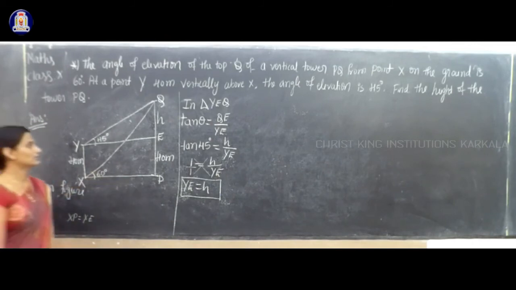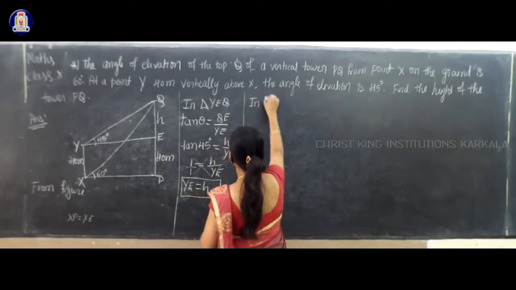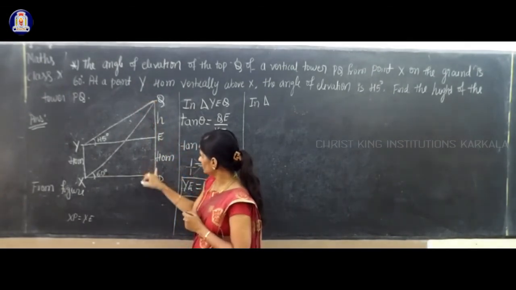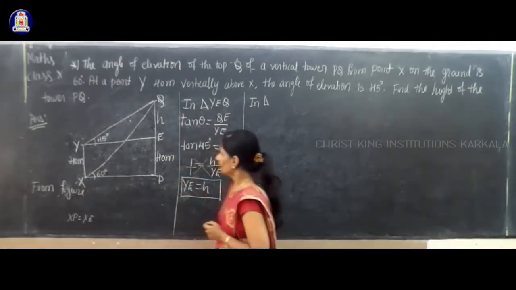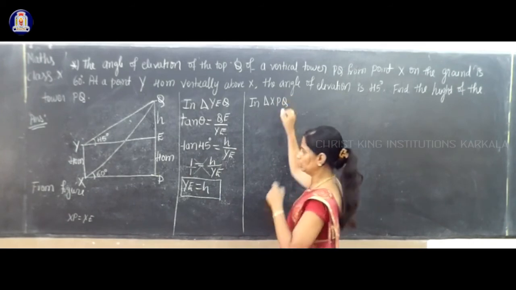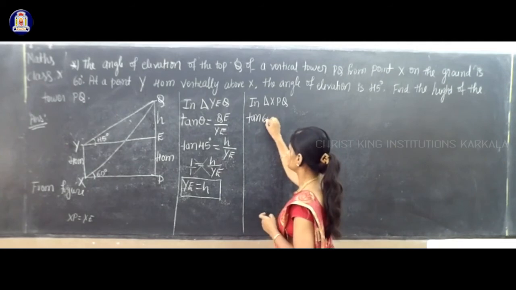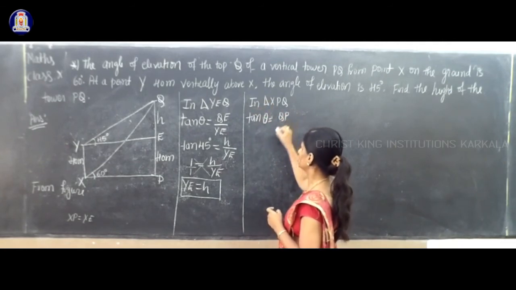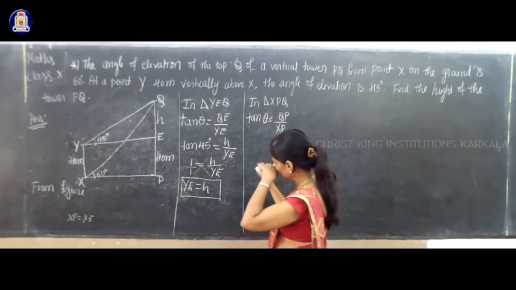Now next take one more right angle triangle, in which this angle is 60 degrees. So which is the opposite side? QP divided by XP. So in which triangle? XPQ. Tan 60 degrees, or tan theta, is equal to opposite side QP or PQ divided by adjacent side XP.